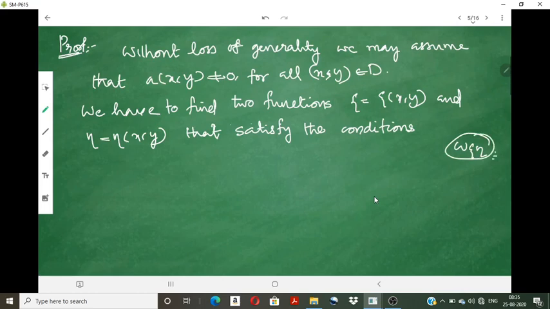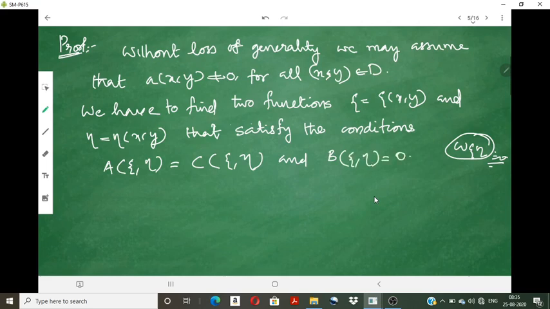The coefficients of W theta and W eta are capital A and capital C. So we have to find two functions theta and eta that satisfy the conditions: A of theta eta is equal to C of theta eta, and the coefficient of W theta eta, that is B of theta eta, must be 0. So these are the conditions to be satisfied by the two functions theta and eta.